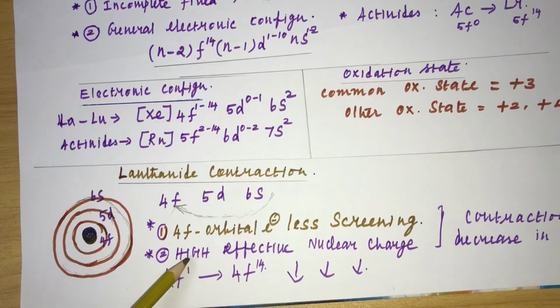Thereby the effective nuclear charge increases, the valence electron experiences more of the total nuclear charge, and this results in contraction on moving from left to right. So lanthanide contraction, or the decrease in the size of the +3 cations of lanthanides, is due to the lesser screening effect of the 4f orbital.